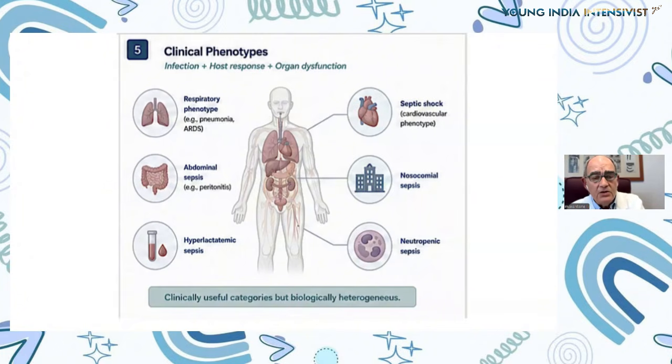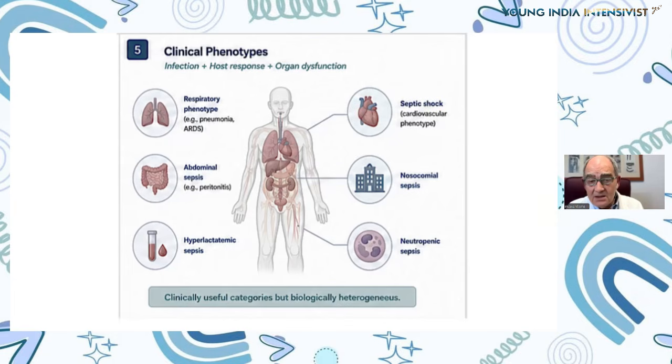Then we have patients who, developing sepsis, become hyperlactatemic, and patients who, during the evolution of sepsis, develop neutropenia. So we are quite accustomed to recognizing these different categories at the bedside because they are clinical, and so it is quite easy for us to have a clear-cut identification of the different conditions.